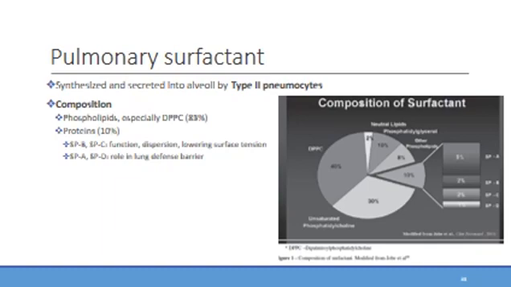Then there is 10% that is protein, and specifically surfactant protein B and C has to do with the function and dispersion of surfactant in order to lower the surface tension. However, surfactant A and D is also very important, as it plays a role in the lung defense barrier.